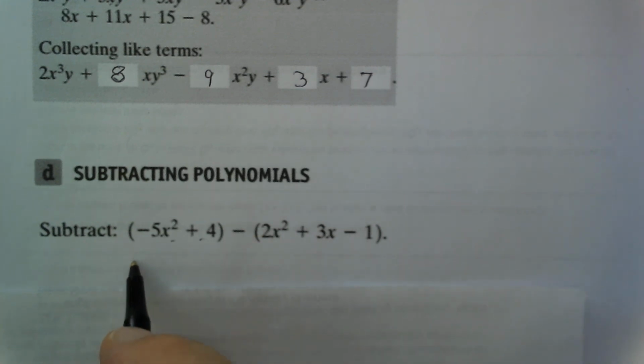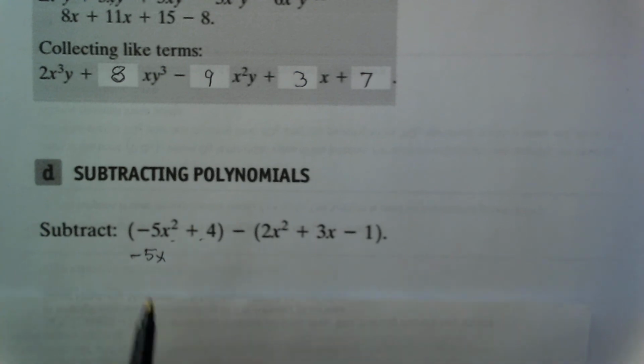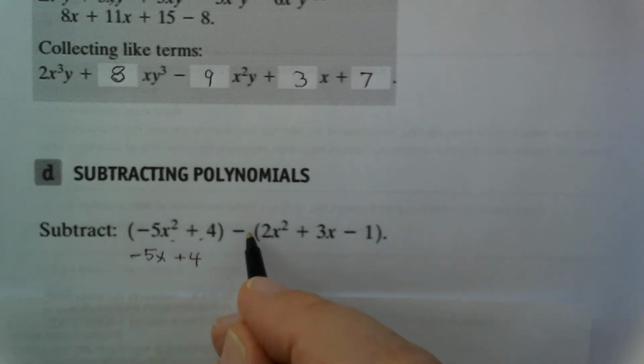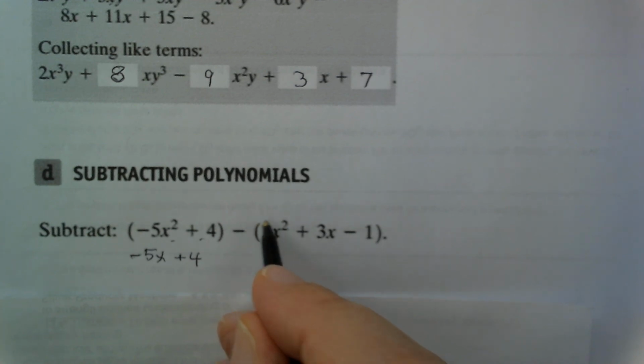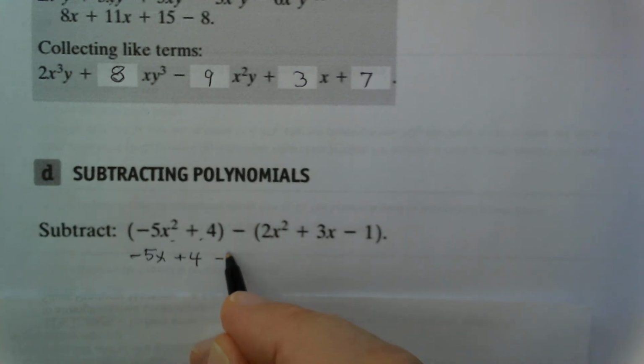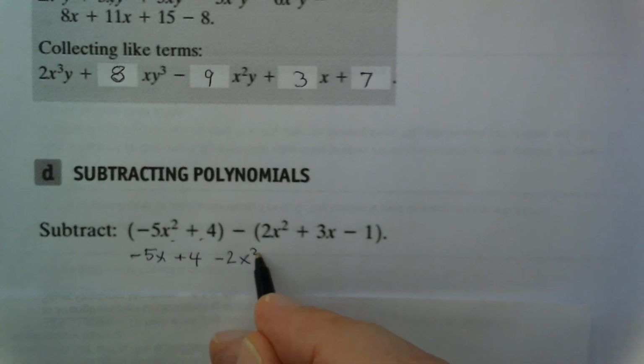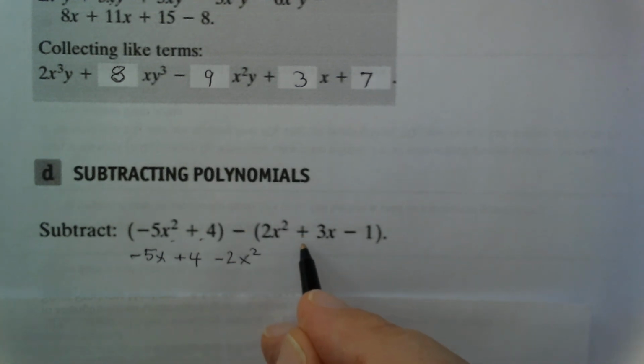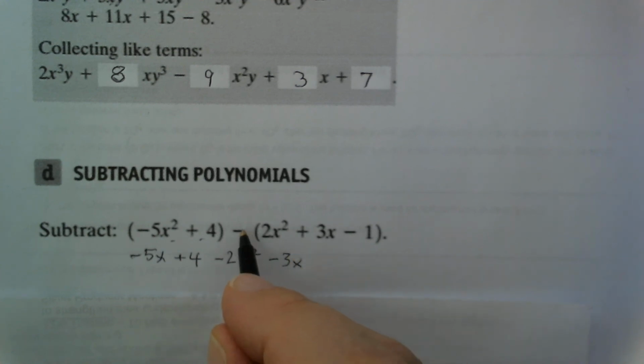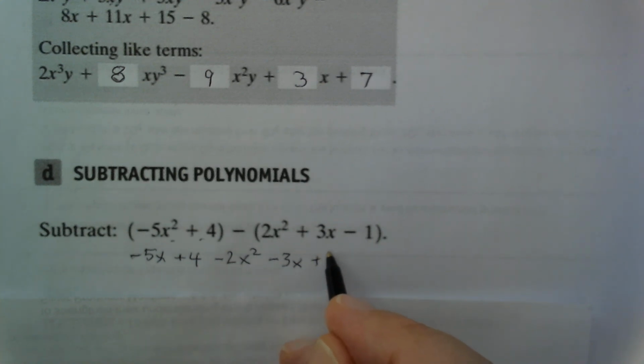So in other words, this then becomes minus 5x squared. We can just drop the parentheses here because it's preceded by a plus sign, plus 4. And now, minus 1 times 2x squared would be minus 2x squared. And minus 1 times positive 3x would be minus 3x. And a minus 1 times a minus 1 is a positive 1.